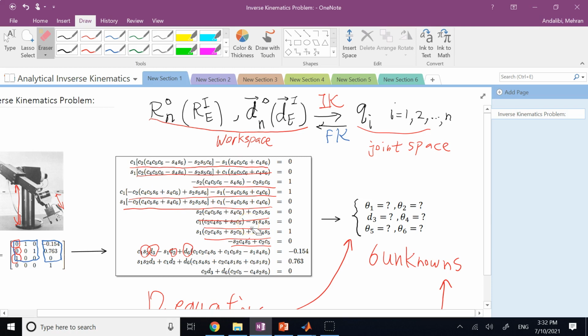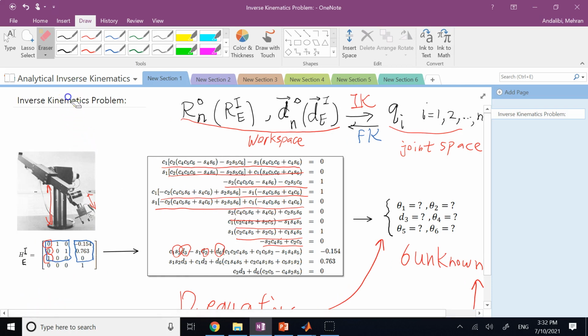So, what can we do? We still want to solve the inverse kinematic problem, but we want to solve it in this video analytically. Can we do it? Yes, we need to use a little bit of geometry. Can we do it for every robot? No. It depends on the type of the robot, but some conditions we'll discuss.